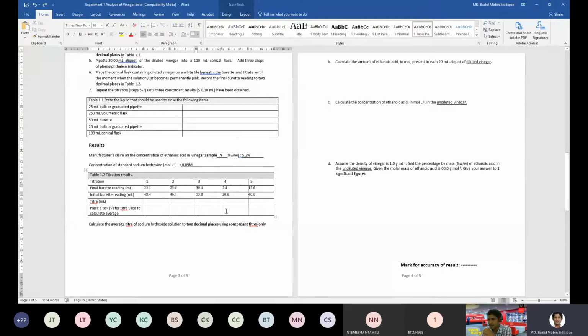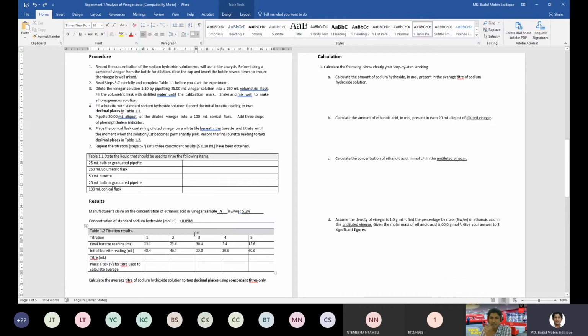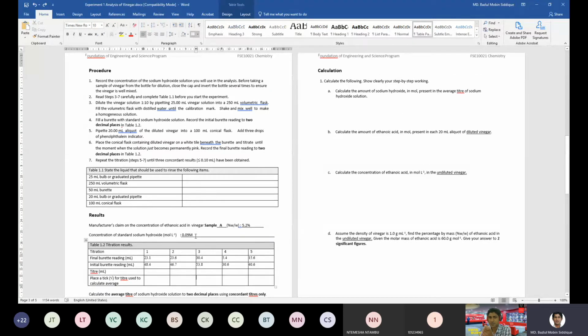With the readings that you are ticking, you do the average: the sum of the results divided by the number. That average is what is considered for the volume of sodium hydroxide. So for this first one, we know the volume of sodium hydroxide used.